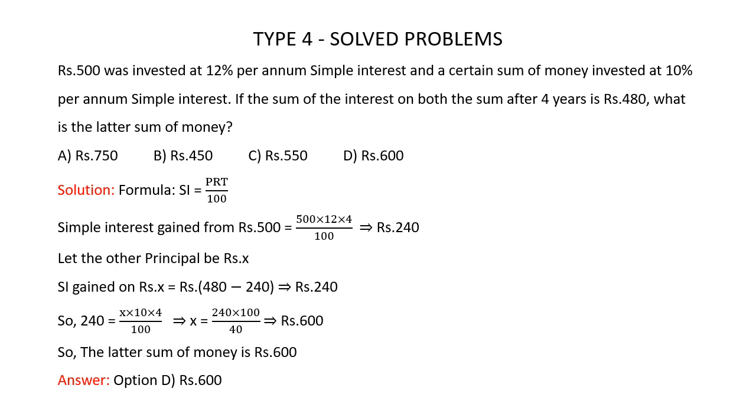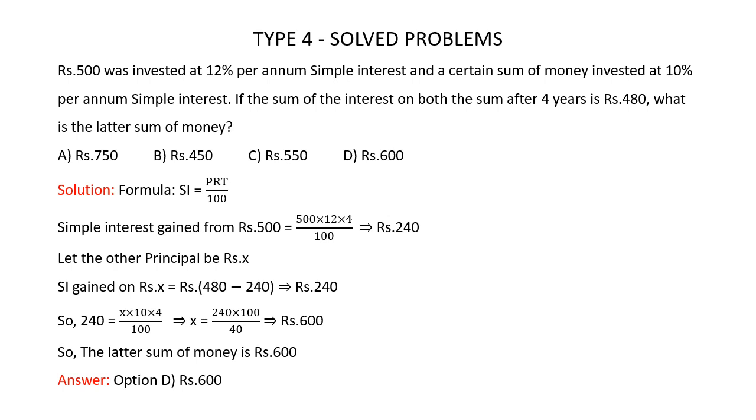This means that we have to find the value of rupees X. Now it's given that the sum of interest on both the sums after 4 years is rupees 480. This means time is 4 years and the simple interest earned on rupees 500 at the rate of interest of 12% per annum plus the simple interest earned on rupees X at the rate of interest of 10% per annum is rupees 480.